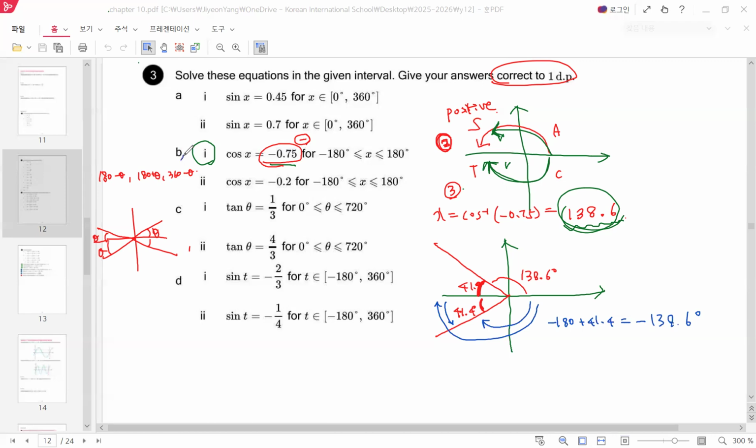Therefore, the answer of question B1 is x equals 138.6 and negative 138.6 degrees. Let's solve this question, D1, okay? D1 together.